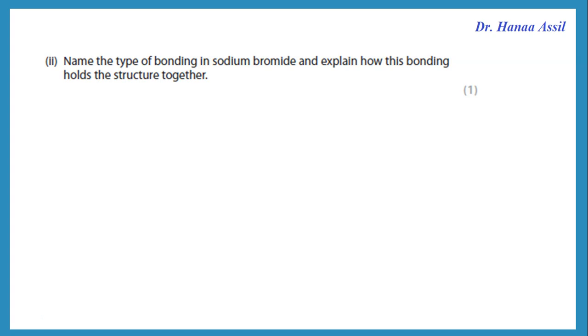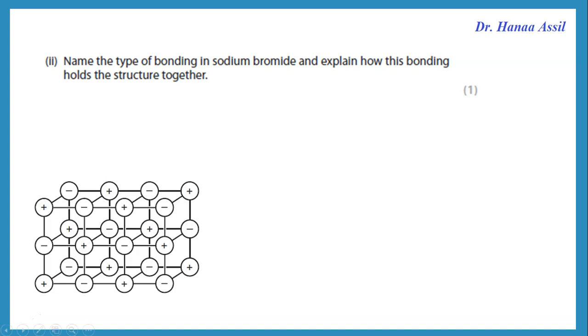Name the type of bonding in sodium bromide and explain how this bonding holds the structure together. So the first thing we're going to think about, what is sodium bromide? Sodium is a metal in group 1, it loses an electron. The Br is in group 7, it gains an electron. That means we're talking about an ionic bond.